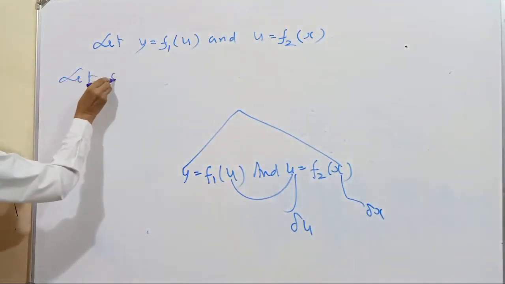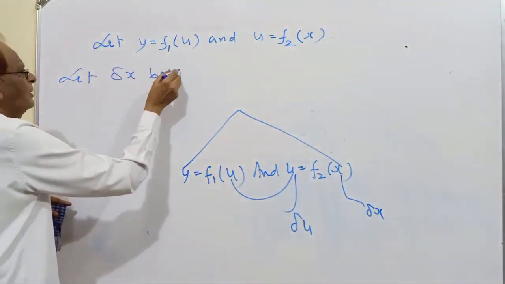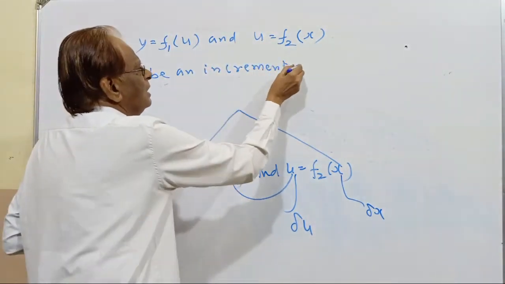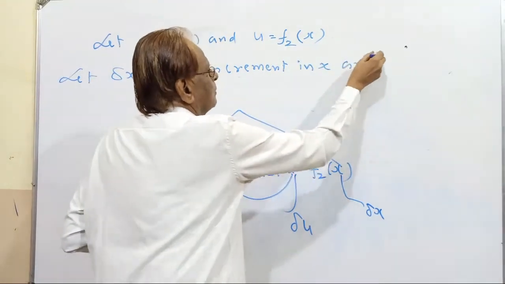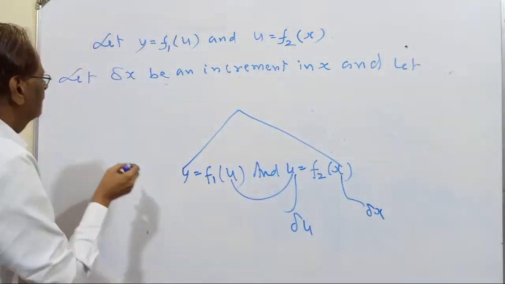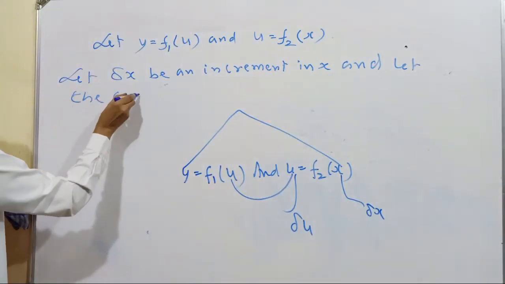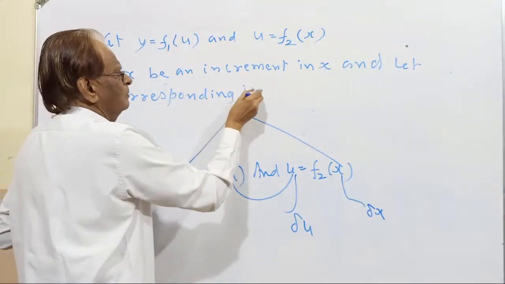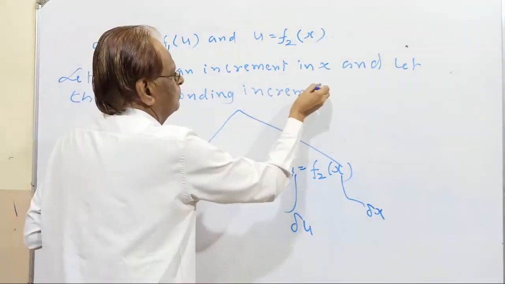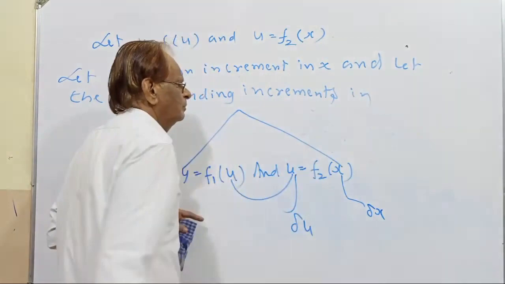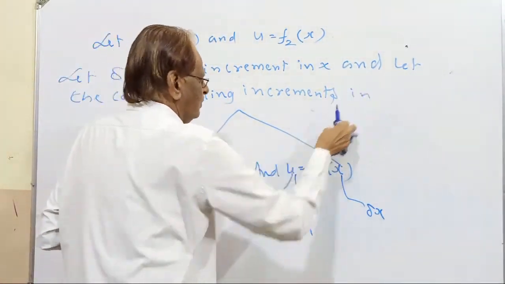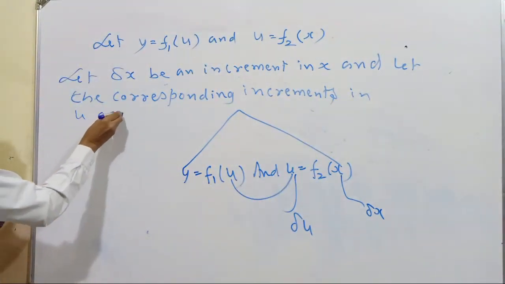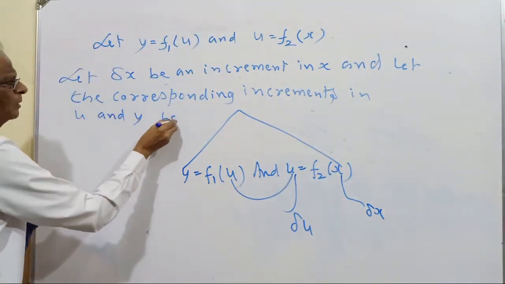Let delta x be an increment in x, and let the corresponding increments in u and y be delta u and delta y.